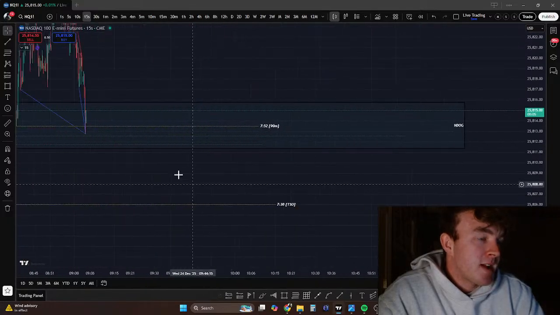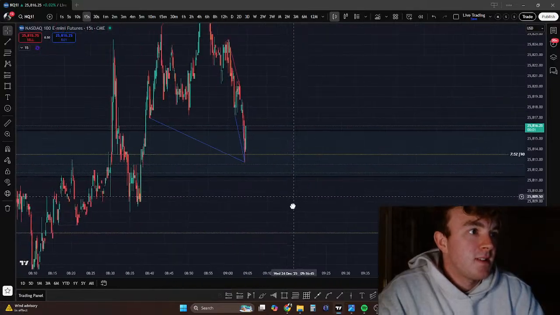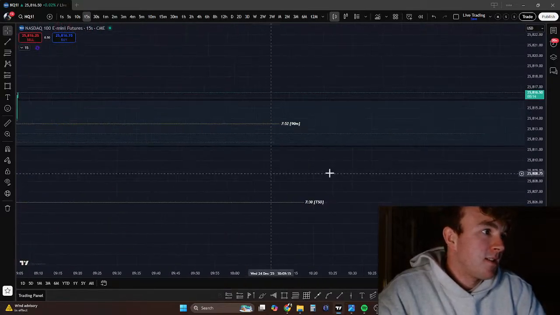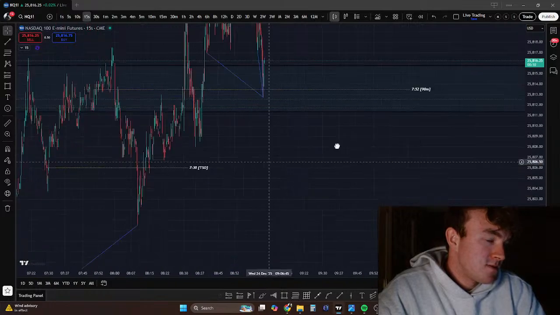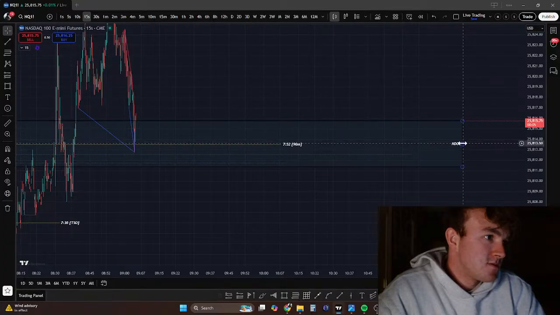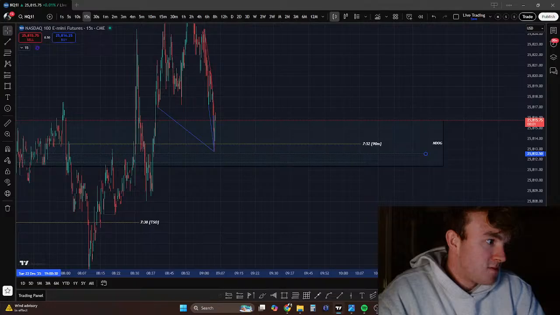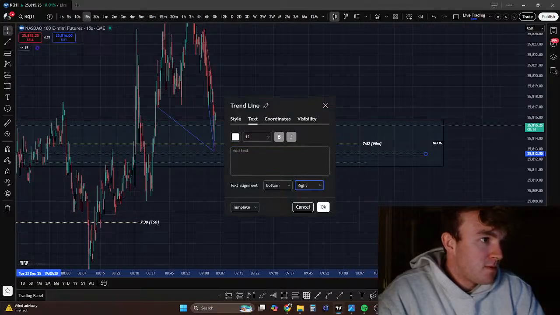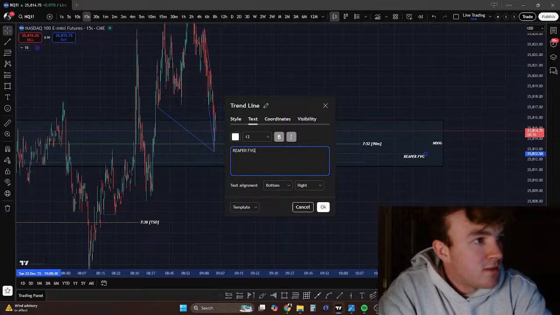So we got the Reaper gap down there. I want to see us use that. And then continue to the upside.